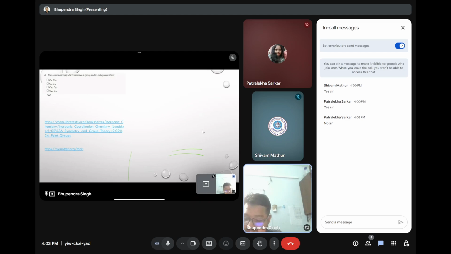So the question is asking, if the group is octahedral for option A, so C3V is present in the octahedral or not, or in octahedral C4V is present or not, in C4V C3V is there or not, C4V C2V is there or not. It is like the subgroup is the part of the group. So now I think it will be clear to you.